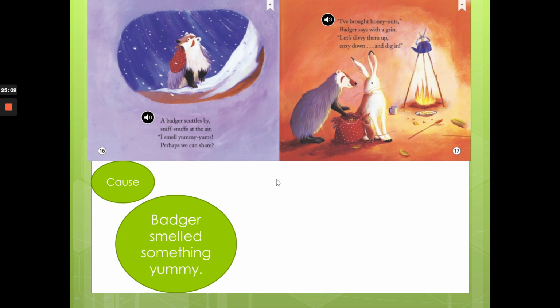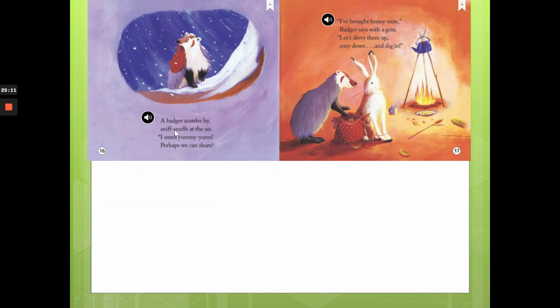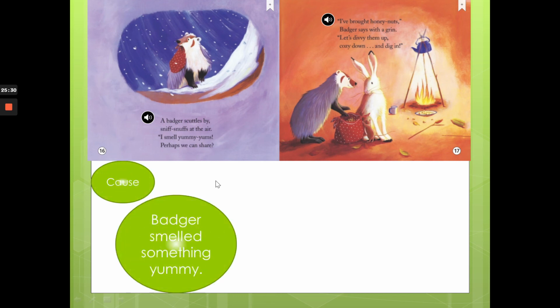Well, I think we might have to read the page to find this answer. If we read the page, it says, a badger scuttles by, sniff snuffs at the air. Ah, so the badger smells something. Then it says, I smell yummy yums. Perhaps we can share.